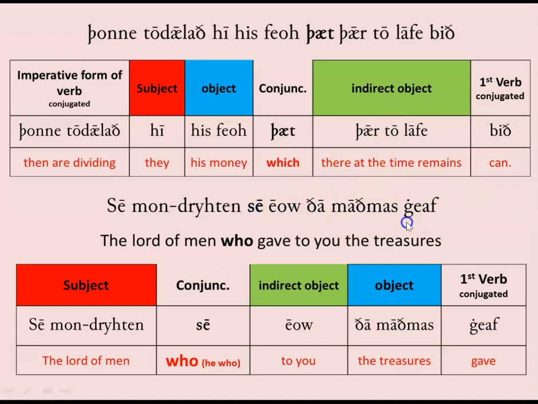So this is a relative clause, a dependent clause, a secondary clause because the verbs are all at the end there, and you have a relative conjunction in here. Se mon druchten se eo tha mathmas yef. Okay, the Lord of man, he who, to you the treasures gave.